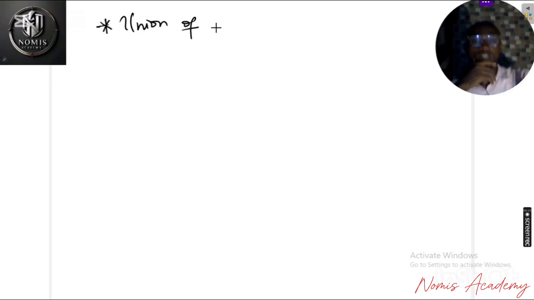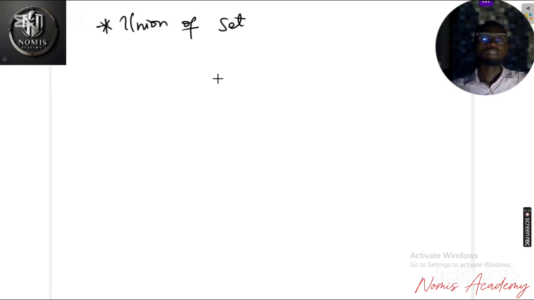Union of sets. Union of sets is the combination of the elements in two or more sets, or let's say in two sets, without repeating an element twice. That is the union of sets.